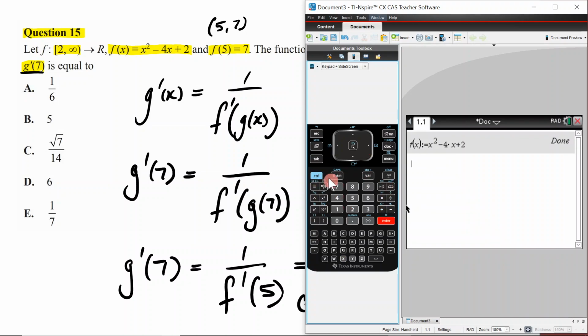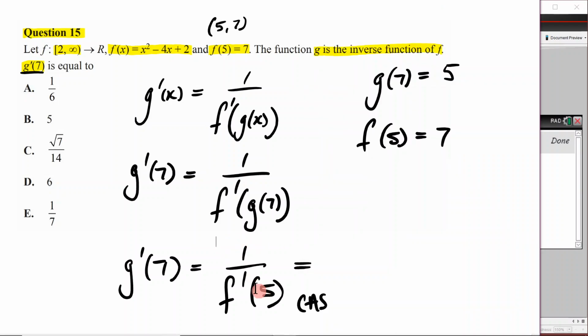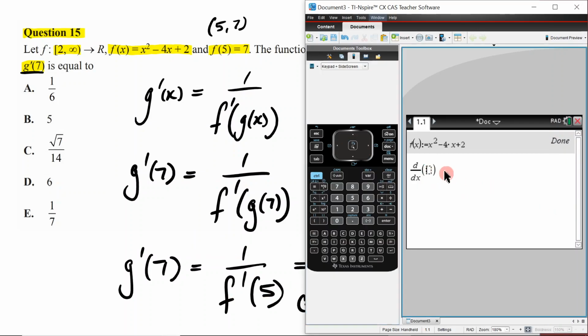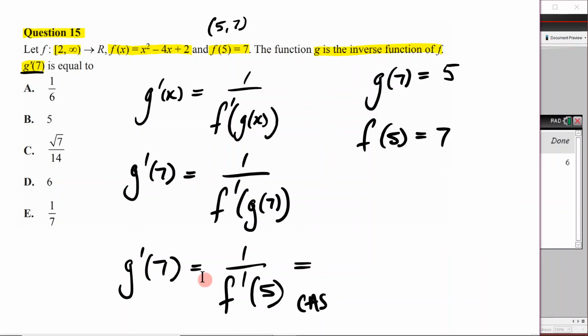Now, what I'm finding is the derivative when x is equal to 5, so I'm going to put 5 here. I'm going to put f of x there. And now, when x is equal to 5, I'm going to get 6 out. So that means I'm going to get 1 over 6 as my answer, and that is A.